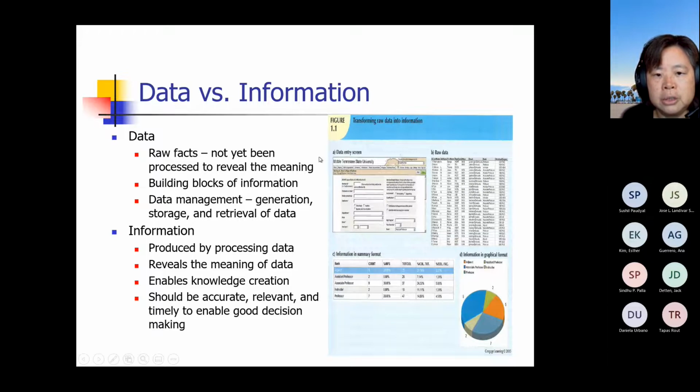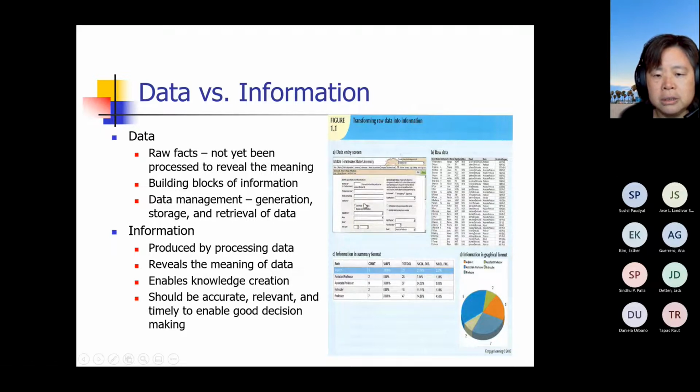This figure shows an example of how we transform raw data into information. Assume we want to collect faculty data in a university. From the data, we want to find out information like the makeup of the faculty, say the percentage of adjuncts or assistant professors, or how about female and male.